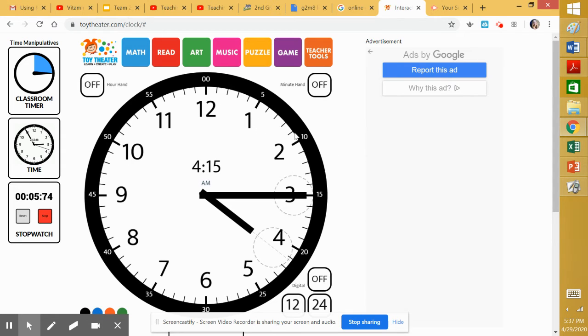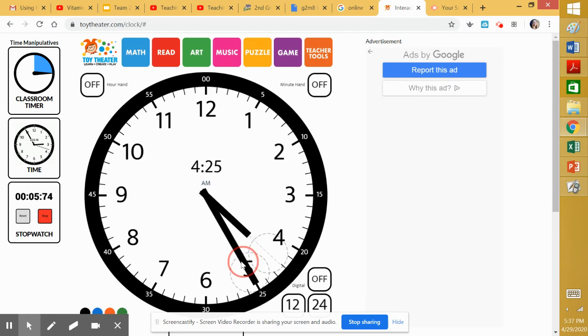So 5, 10, 15. 15 minutes past 4 o'clock. See, now the hour hand is past that 4. As we mentioned earlier, this would be 1/4 of an hour or a quarter of an hour. So it could be a quarter past 4.